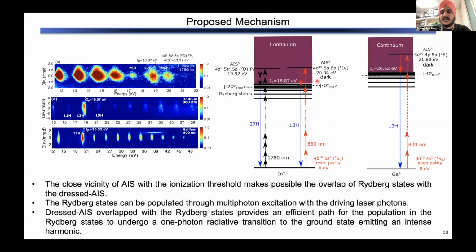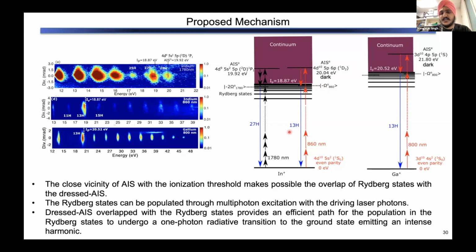However, in this case, the dressed state has an opportunity to overlap with the Rydberg states. That means this even parity autoionizing state, a dark state, because it doesn't have the ability to undergo a one-photon transition back to the ground state, can indirectly participate in the harmonic generation process through the involvement of the dressed autoionizing state.